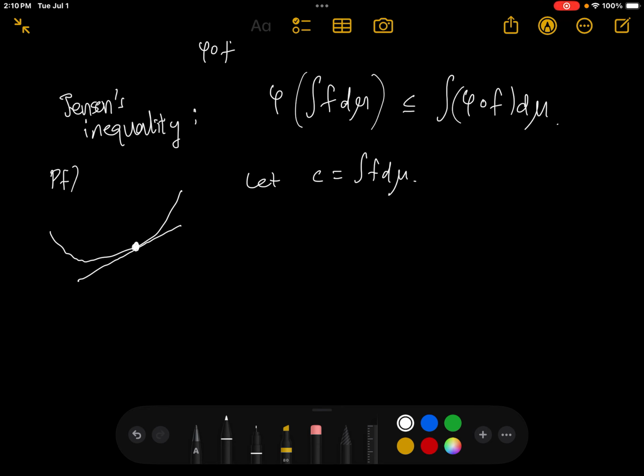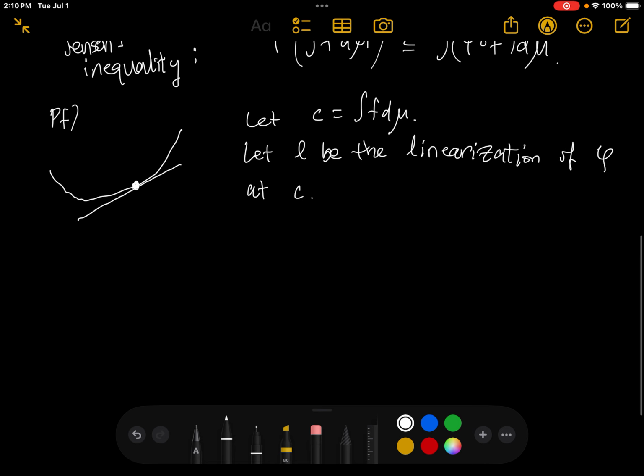Okay, so we're going to look at the linearization at C. So let L be the linearization of phi at C. In other words, it's the linear function whose graph is the tangent line at C. So L has the form L of x equals ax plus b, right?